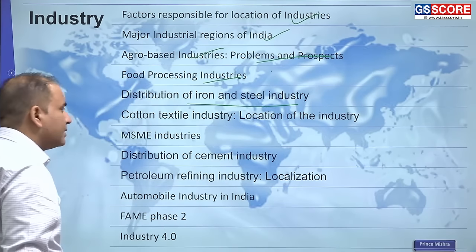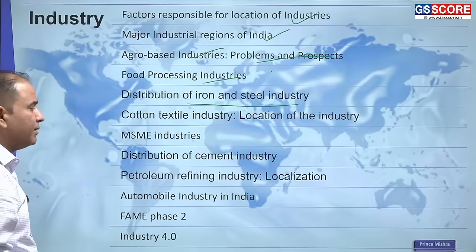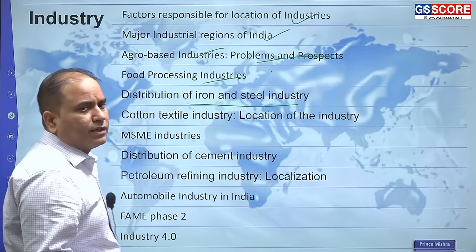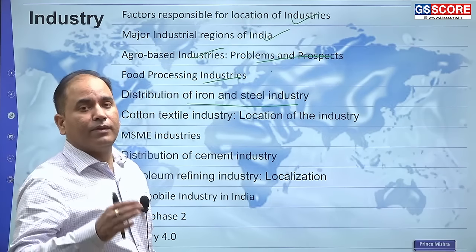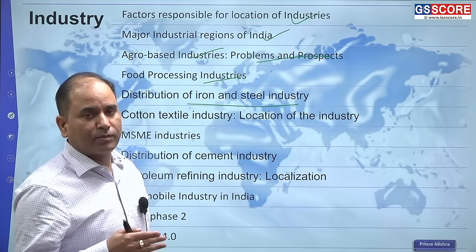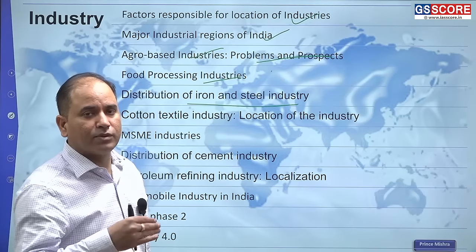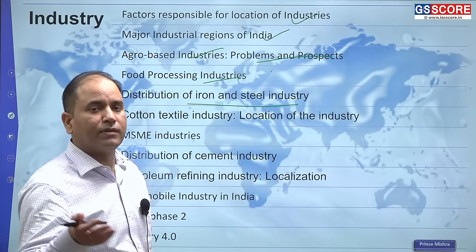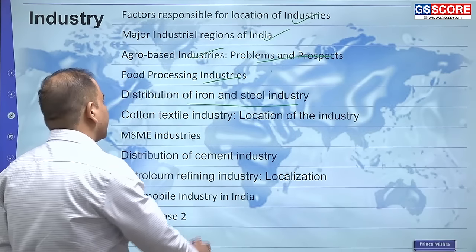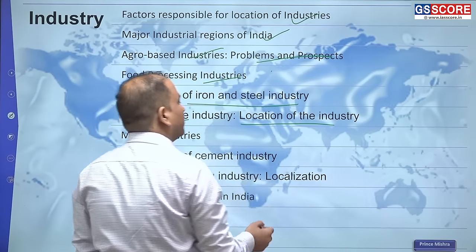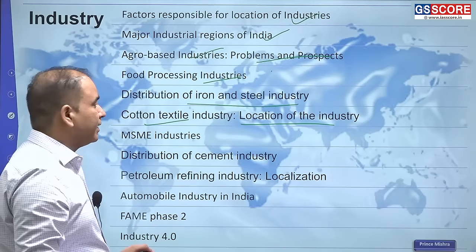how the iron and steel industry has changed over different time periods, how it has shifted. Earlier it was set up near the coal producing areas, then the iron ore producing areas, then the coastal areas, then particularly near the cities. Similarly, the cotton textile industry, how it has grown in different time periods.